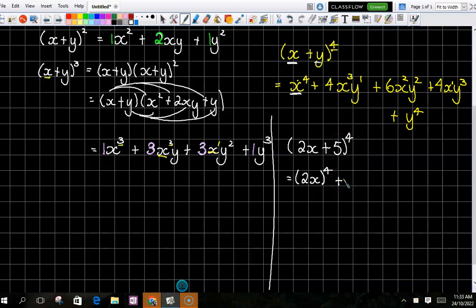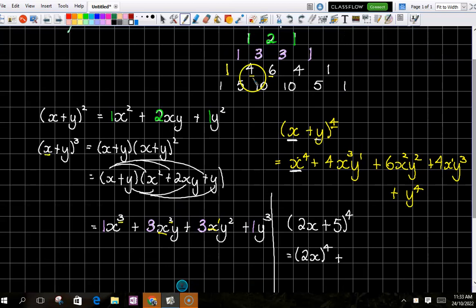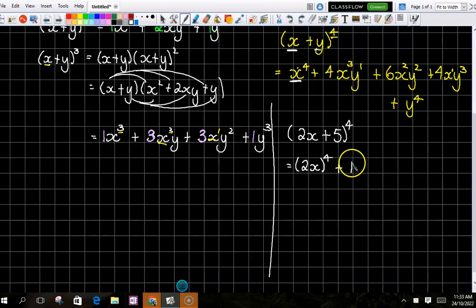Plus, what comes next? Once again, look at your row, it's going to be 4 times the first term, 2x to the 3, times 5. Well done. Next term. So why are we 6?